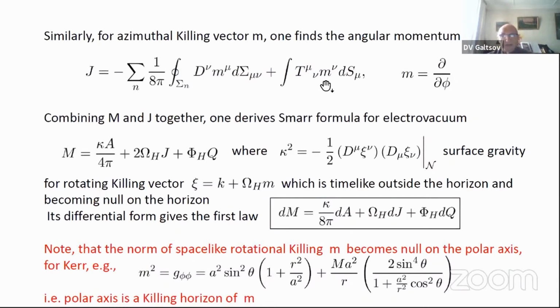And to derive the Smarr relation, you consider the linear combination of two Killing vectors, just well known from black hole physics: k plus Omega_h m, where Omega_h is the angular velocity of the horizon. So on the horizon, it is just the vector psi, which becomes null. That is, the event horizon is the Killing horizon of psi for a rotating black hole.